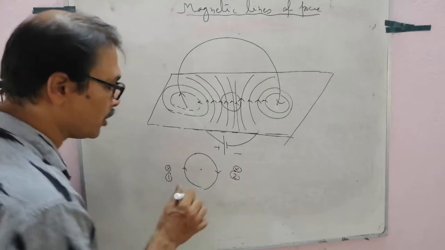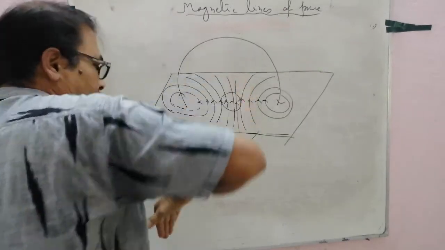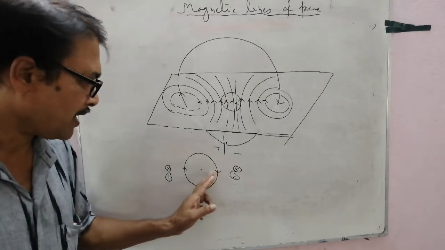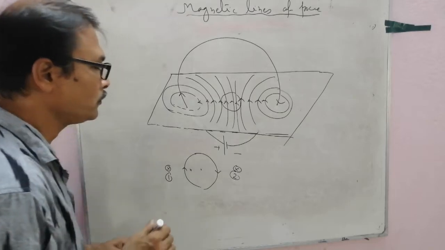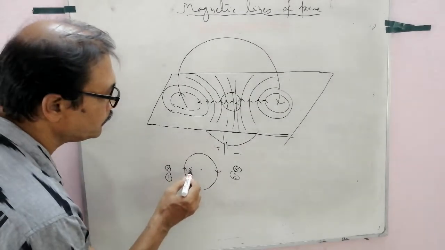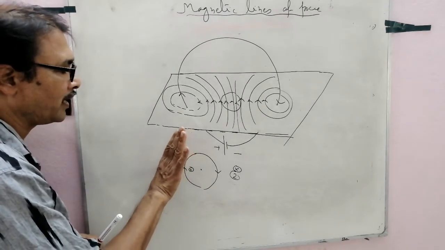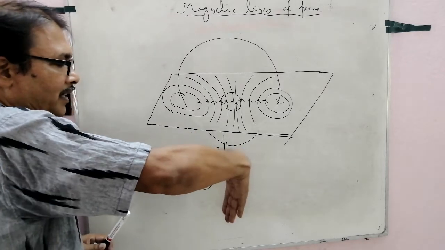Similarly, in two regions, for this portion upward, but this portion downward. And in this region also, the magnetic field is downward and downward.